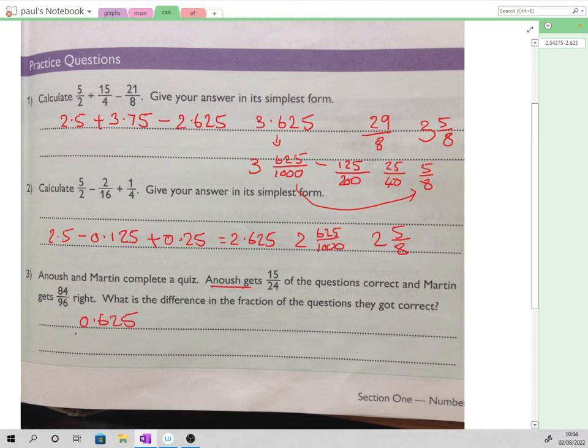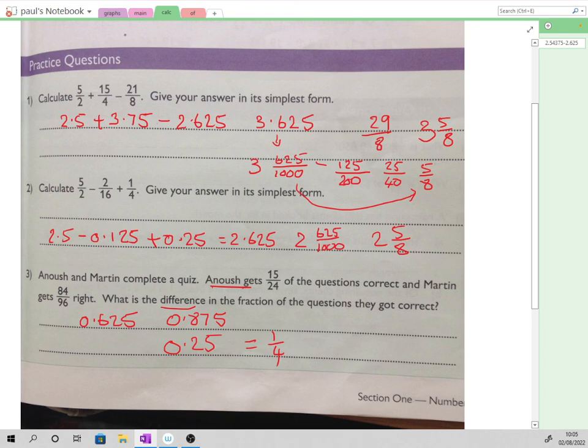Now, 84 divided by 96 is 0.875. So we want the difference. So it's going to be that, take away that. So 0.875 minus 0.625 is 0.25, and that equals a quarter. Yeah, 0.25, 25 over 100, a quarter.